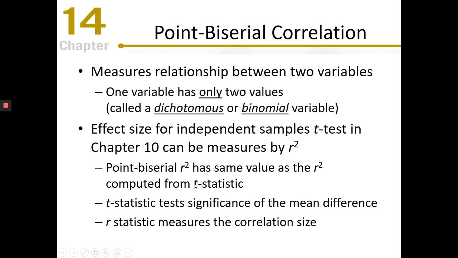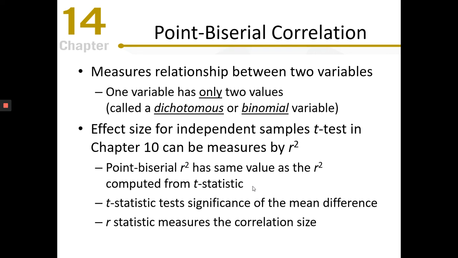Guess what? It's equal to the t. So actually the r square is equal to the t. Point biserial is just like a t conceptually because you're comparing two groups. You're comparing narcissist, non-narcissist on, let's say, aggression.